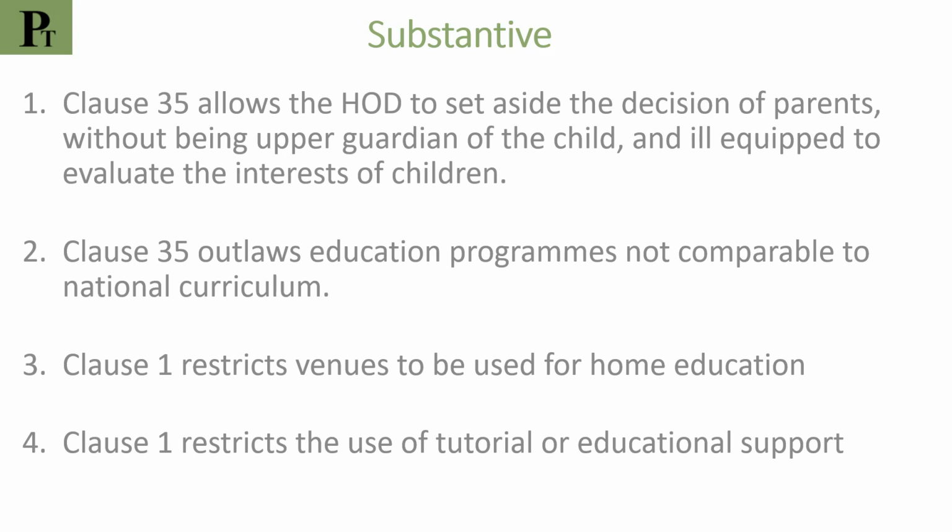Thirdly, Clause 1, that is the definition section, places a restriction on the places where you can educate your child. It says home education must take place in the environment of the learner's home. This essentially outlaws the provision of an education program on the direction of the learner's parent in an appropriate environment outside the learner's home.